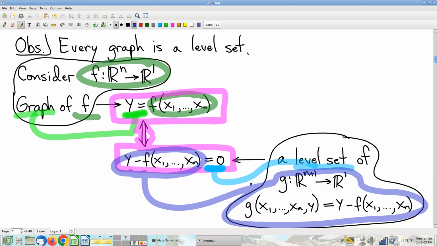This thing that we're setting equal to 0 is an expression that involves n plus 1 variables, right? It involves x1 through xn, yeah, sure, but also it involves y, put together in this very specific way. So this is both a proof and a kind of a formula. This is a proof of my claim that every graph is a level set, and it's a formula for the function whose level set is that given graph.